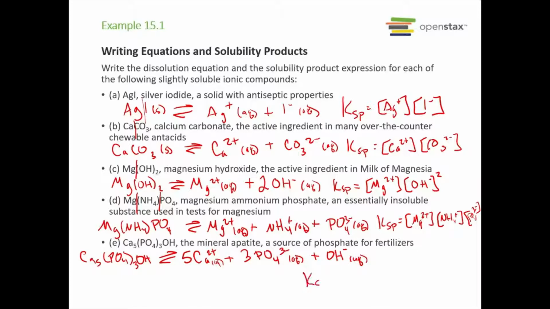So KSP is equal to Ca2 plus to the 5th power times PO4 3 minus to the 3rd power times OH minus. So that's how we can write our equation and then the solubility product equation.